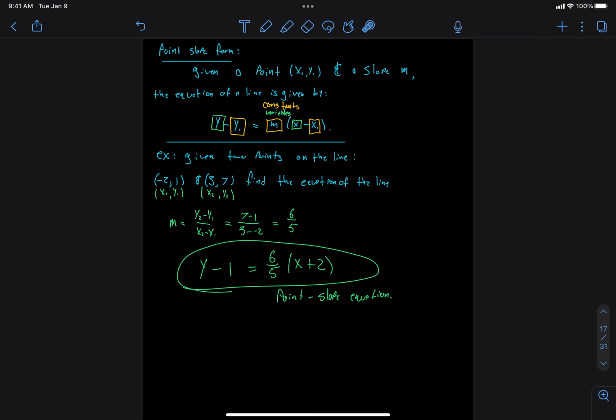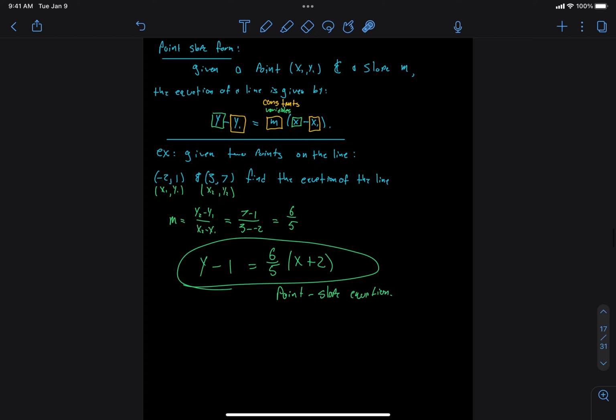Now, if I give you directions and the directions say, please translate this equation of this line, which is in point slope form, to slope intercept form, then I would ask you to do that explicitly. But generally, I'm pretty forgiving with answers as long as your answer is equivalent to the correct answer.